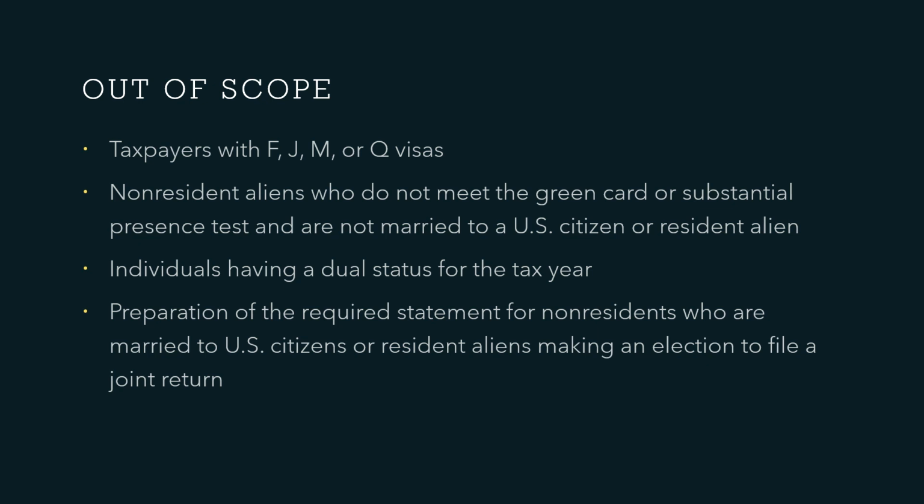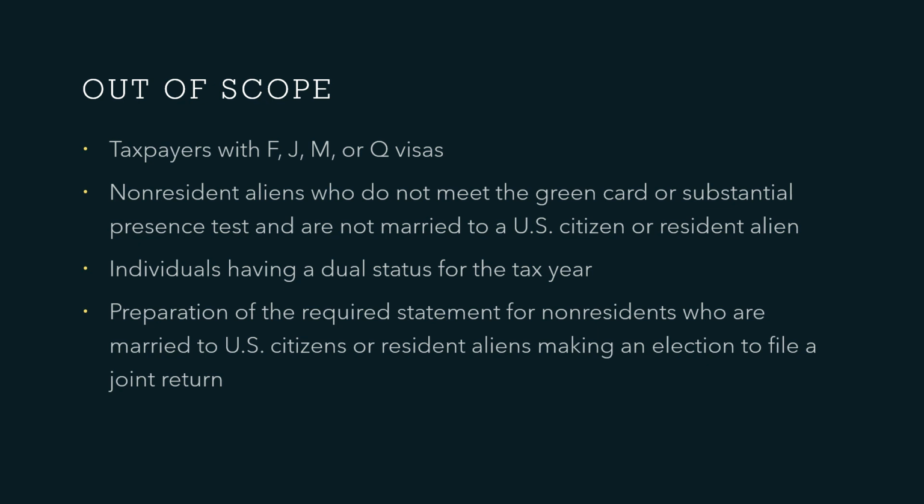For individuals for whom this is their first year in the country, they might have what's called dual status. So for part of the year, they might be considered a non-resident alien, and for the other part, they might be considered a resident alien. And in that case, we won't be able to help them this year, maybe next year.